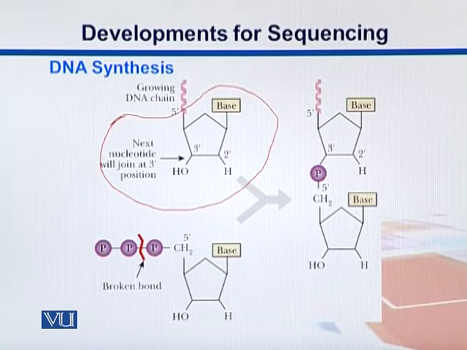Position number 2 is where it is deoxygenated, which is why we call it deoxyribose nucleic acid. Position number 3 is critical, where the incoming nucleotide attaches itself. And this is carbon number 5, with which it is attached to the previous nucleotide.